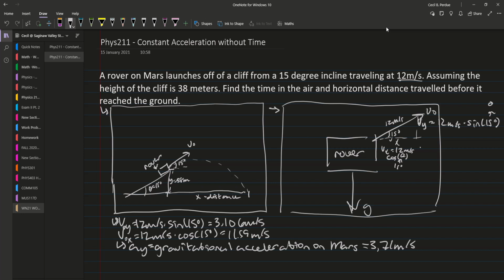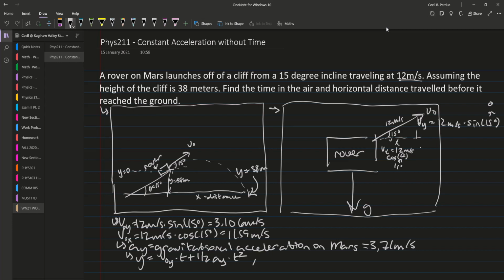If we say that the top of the hill is y equals 0, then the y position is going to be equal to V0 in the y direction multiplied by t plus 1/2 of the acceleration in the y direction multiplied by t squared. Then we also know that the height of the cliff is 38 meters, so when y is equal to negative 38 meters, it's going to be at the bottom of the cliff.